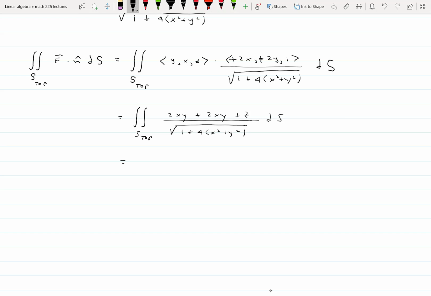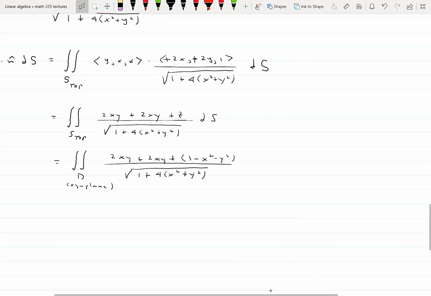So this gets turned into the double integral over D in the xy plane of, I'll just leave it as 2xy plus 2xy for now so you can see where everything came from, plus z. The formula for the surface is z equals 1 minus x squared minus y squared, over the square root of 1 plus 4 times x squared plus y squared.